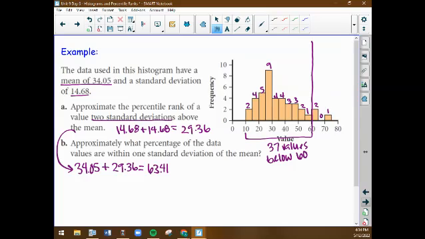Then I need to know how many total values there are. So I do 37 plus the last 2 and 1, which means there are 40 total values.